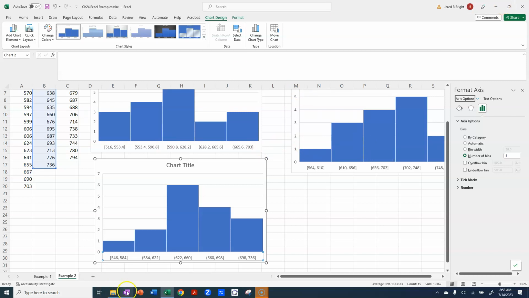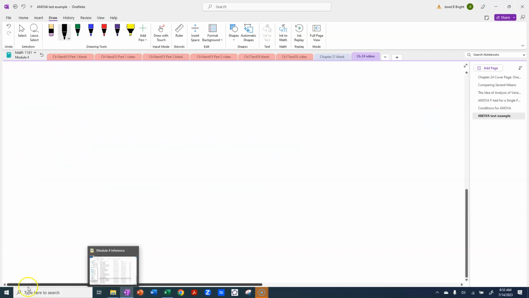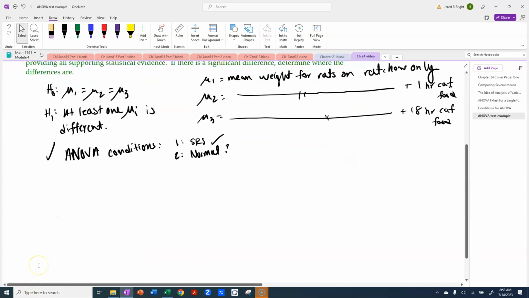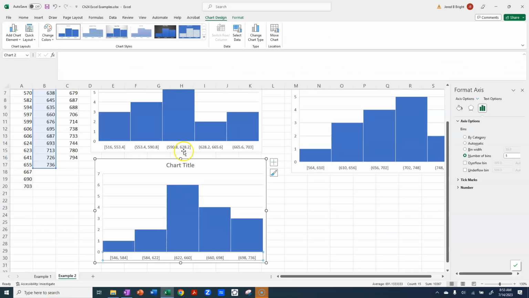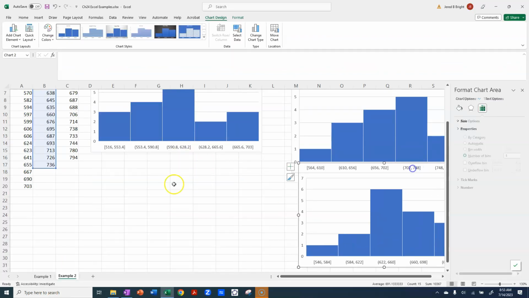So the takeaway is to worry less. And then 3 is, do they come from the same population with standard deviation unknown? We'll check the ratio condition, divide them and see if it's less than 2 when we do our Excel output. I'm just going to set these all to the side.